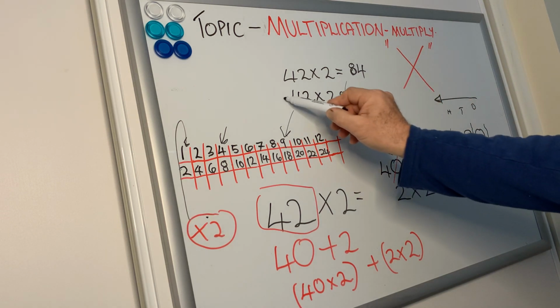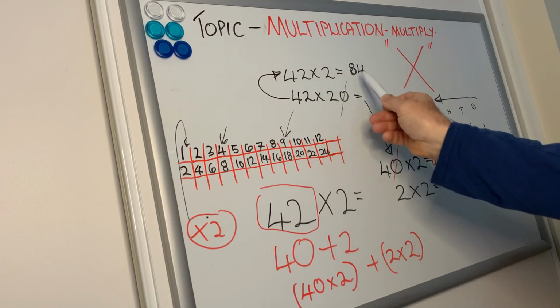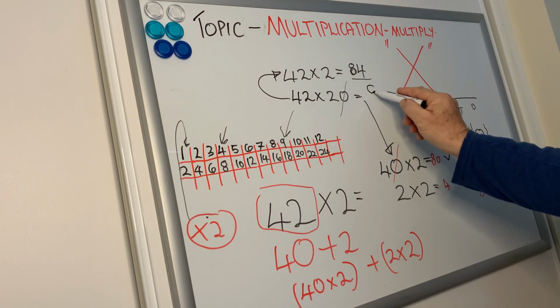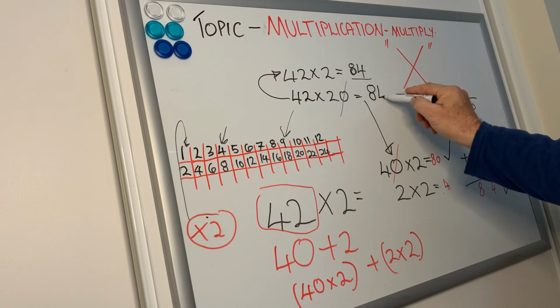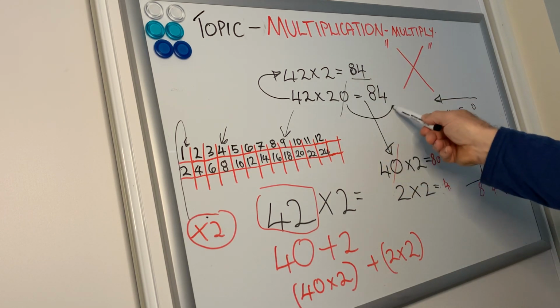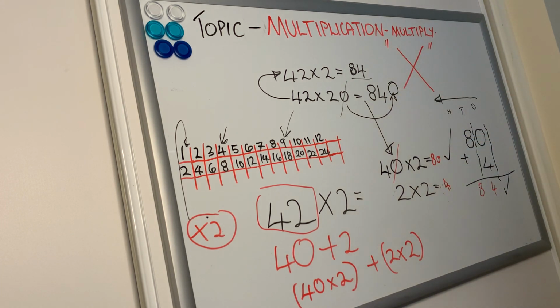So it's actually a repeat of that number there. So 42 times 2 is 84. So if I now say 42 times 20, it's 840. Good, that's all we're doing. We're just replacing the 0. That's as simple as that, Logan.